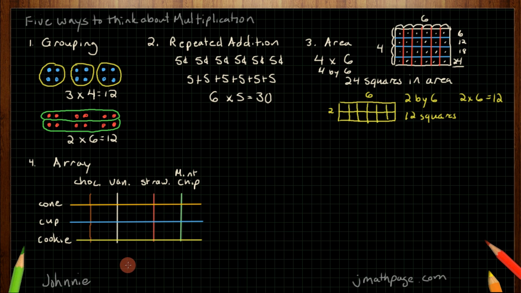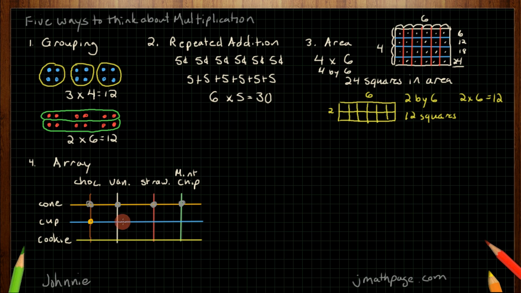If we look at it, we can see that chocolate in a cone is one choice, vanilla in a cone is another, strawberry in a cone is a third, and mint chip in a cone is a fourth. Okay. If we look at a cup, we could have chocolate in it.